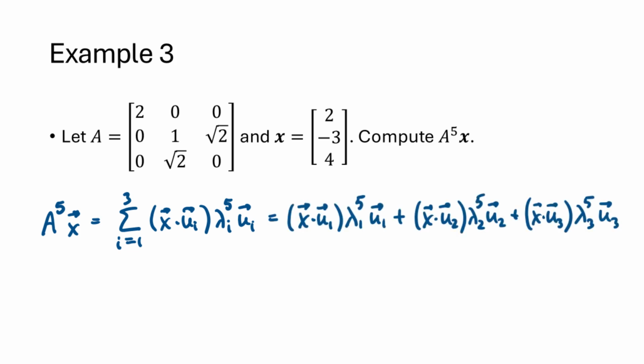And when we expand out that sum, we get x dot u1 times lambda 1 to the 5th times u1, x dot u2 times lambda 2 to the 5th times u2, plus x dot u3, lambda 3 to the 5th times u3. And so the u's are the columns of the matrix P that we computed back in example 1. The lambdas are the corresponding eigenvalues, again from example 1, and x here is the vector that we were given, (2, -3, 4).